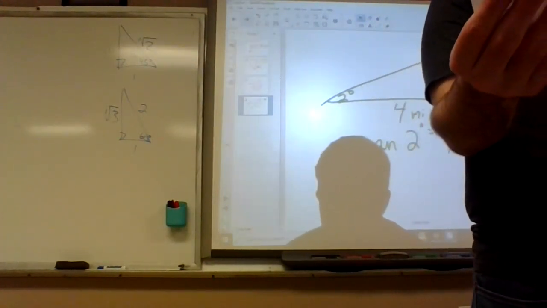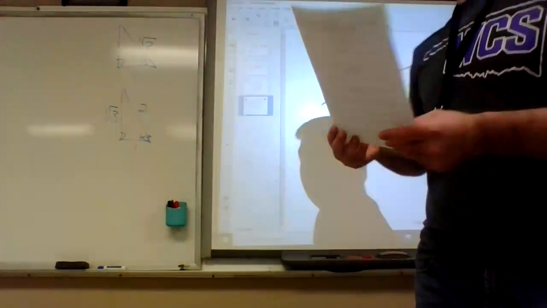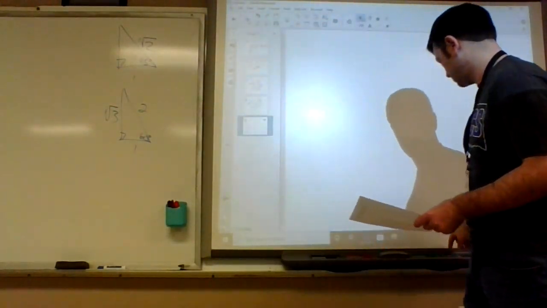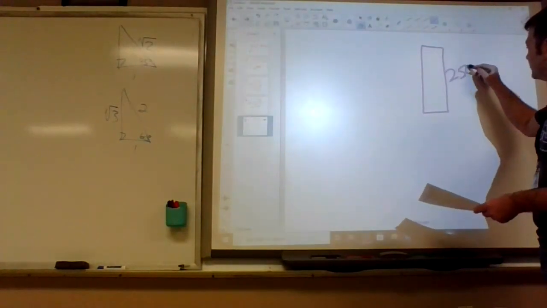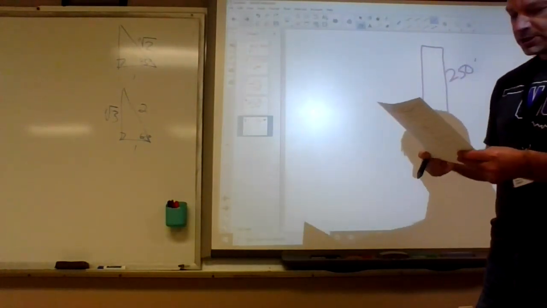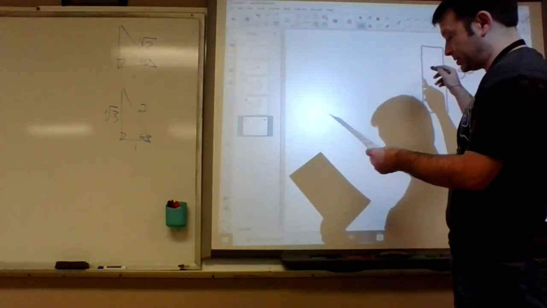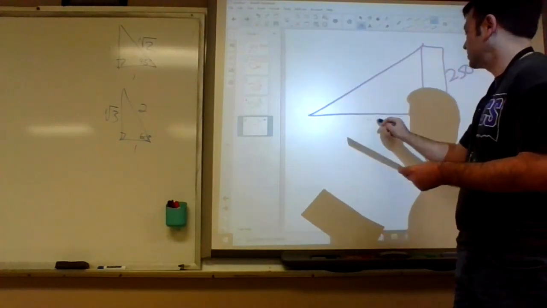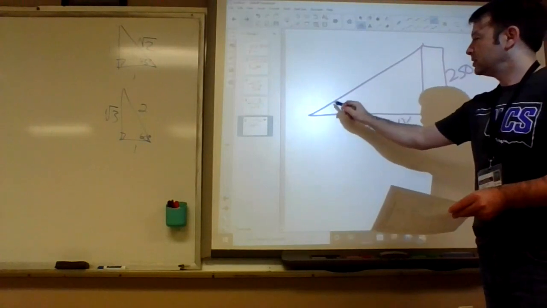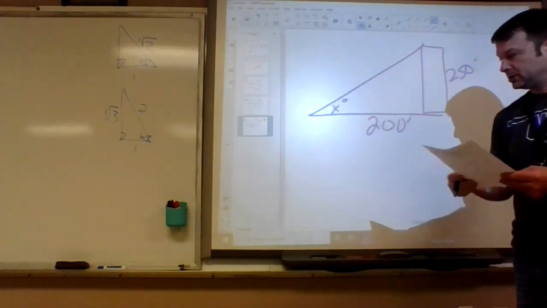Okay, number 7. The height of a building is 250 feet. What is the angle of elevation from a point on the level ground 200 feet away? Angle of elevation.